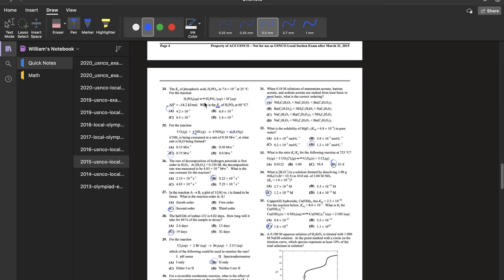26, rate of decomposition. Okay, so rate is equal to k times H2O2. Technically, it is H2O2 to the first, but I'm just omitting that because it's understood, because it says it's first order.